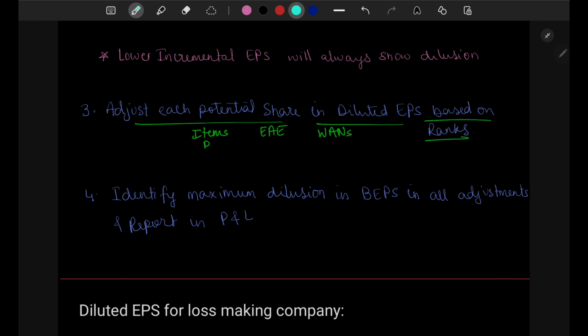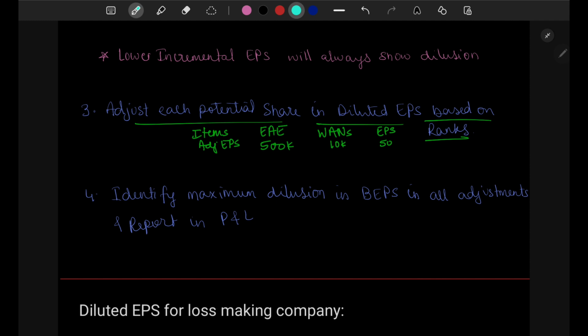So this is the adjusted EPS. Let's assume the starting one is 5 lakh divided by 10,000 shares, which will be the 50 rupees EPS.